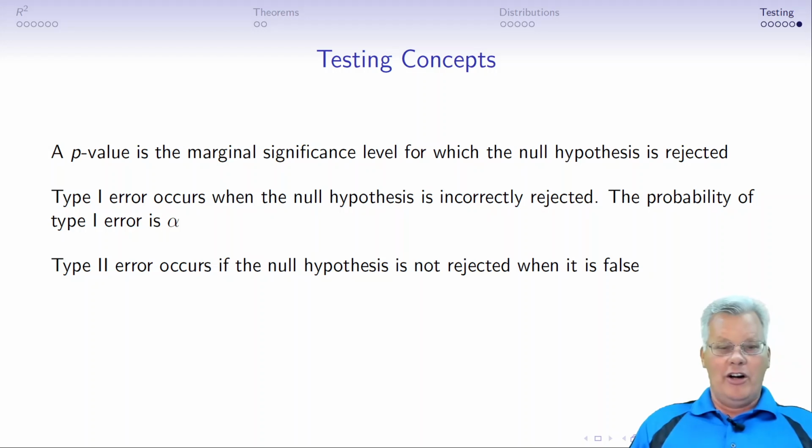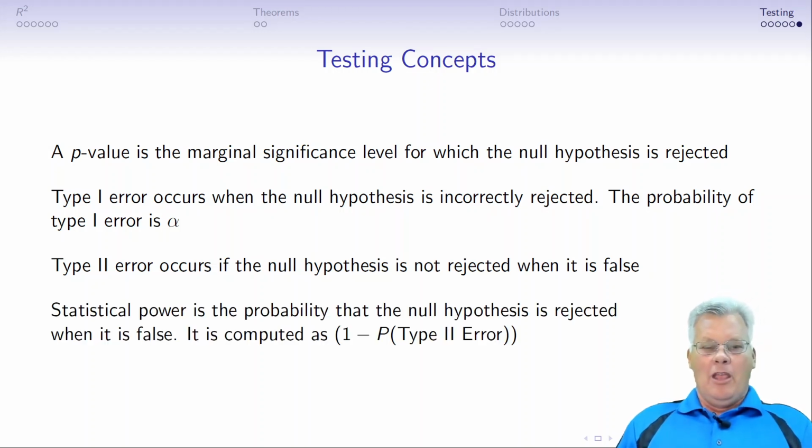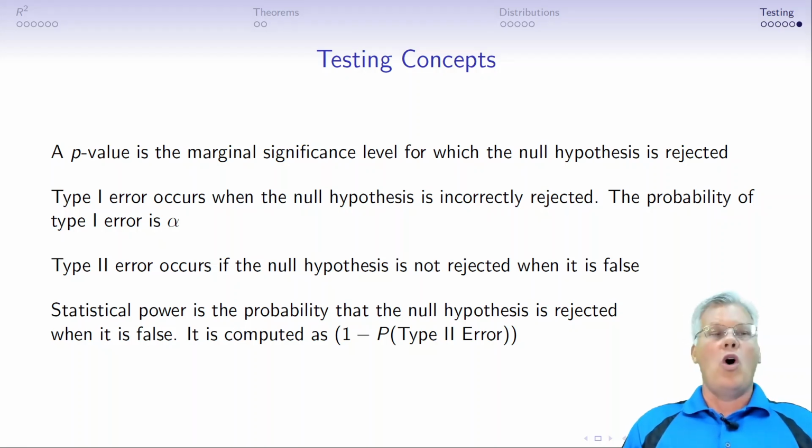Type 2 error is when the null hypothesis is false, but we fail to reject it. Okay. Type 2 error is a little bit trickier. Econometricians, in evaluating the quality of their models, sometimes compute statistical power tests. You would do this in Monte Carlo analyses.